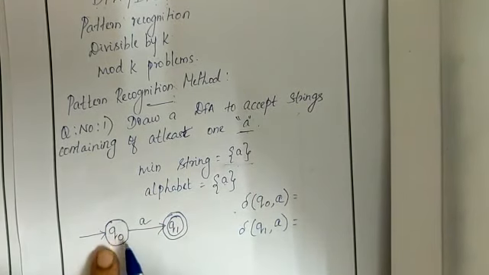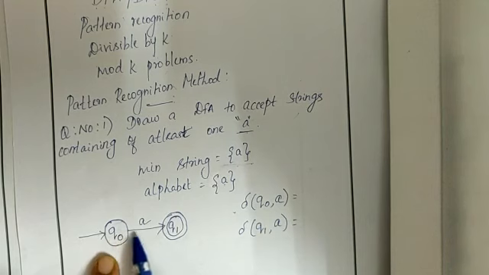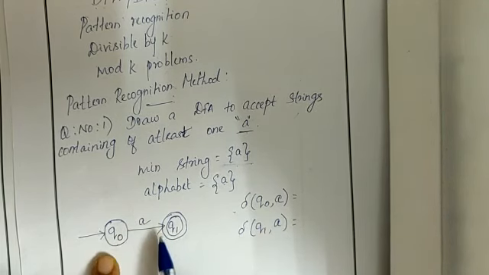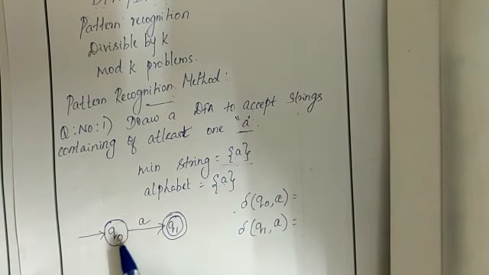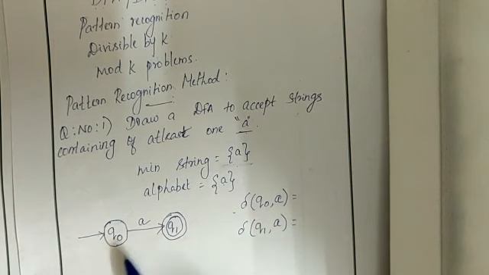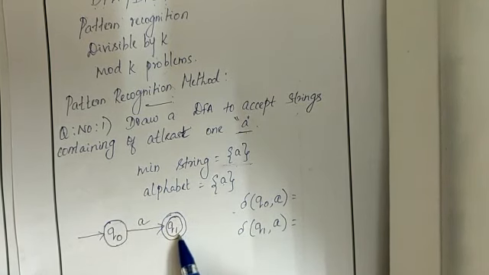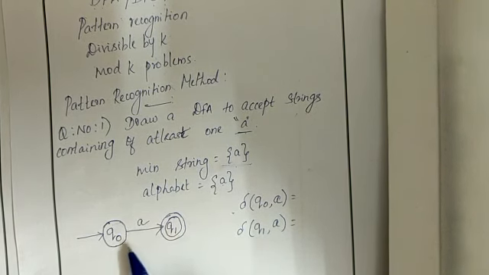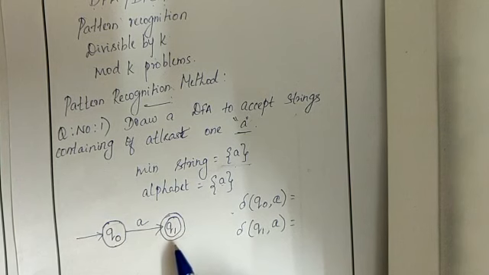By seeing this diagram, I have understood the Q0 state. This is an outgoing edge, starting from Q0 and ending in Q1. What is the meaning of an outgoing edge? The Q0 state is accepting the input A and moving to Q1. That is, when the Q0 state accepts A input, there is a transition to Q1.